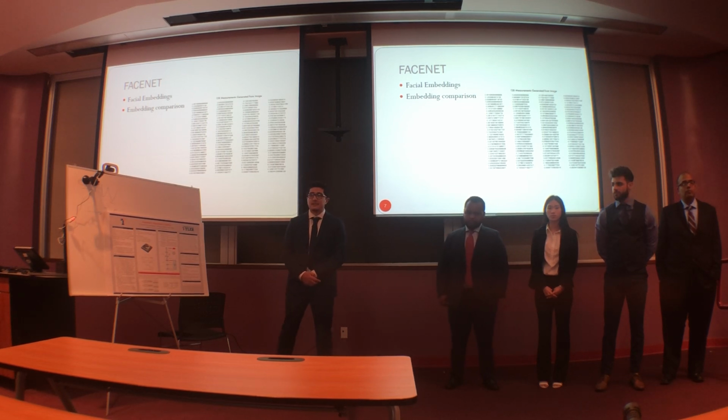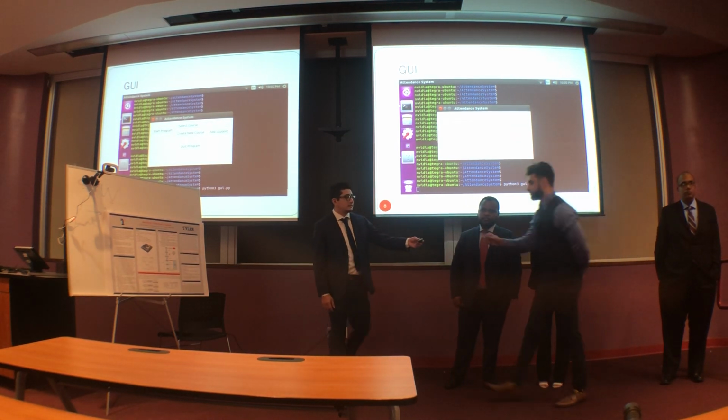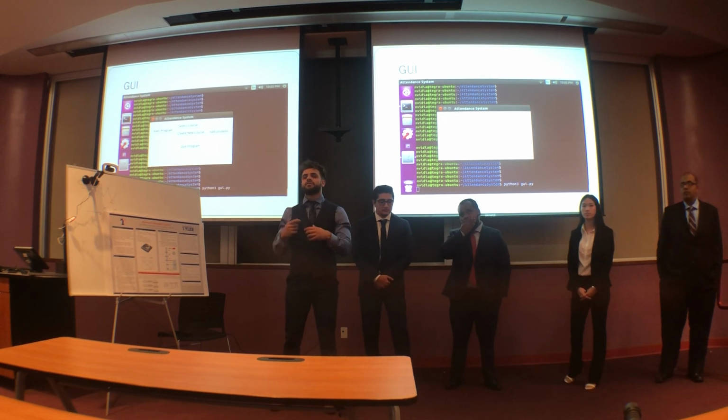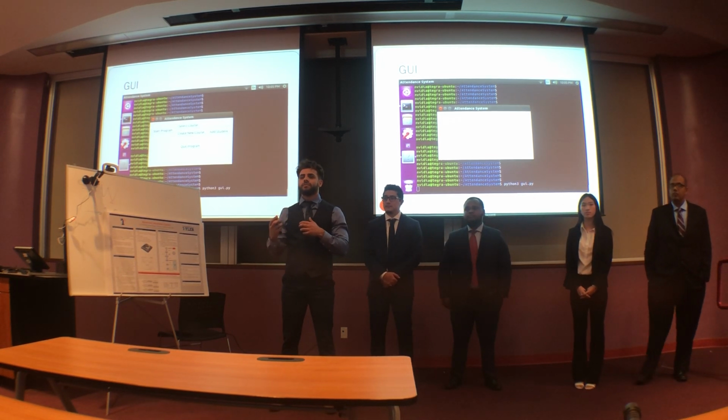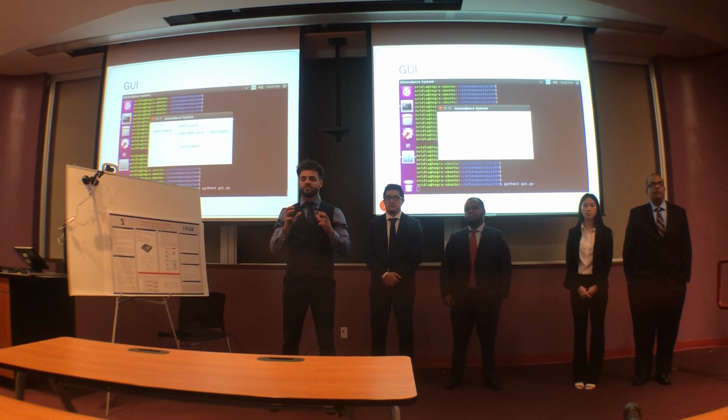And the next part of the design is the GUI. I'll hand it off to Hassan. So there are several files and scripts that have to be extracted for the system to run as a whole. The GUI's main purpose is to extract these files and to run the system as smoothly and as accurately as possible.